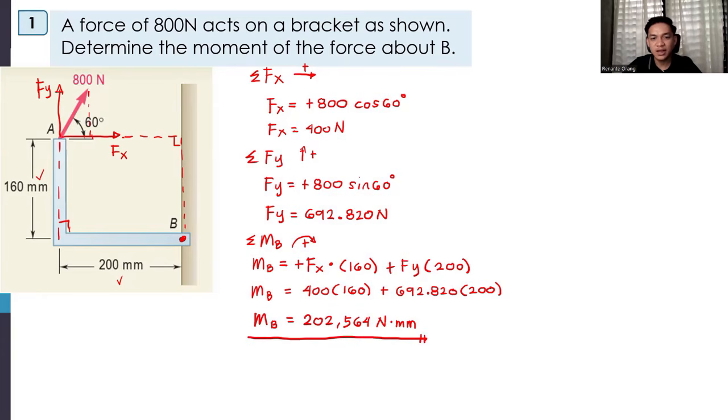But what if, class, wala to sa ating choices? Yung nasa choices natin is naka-kilonewton meter. So, i-convert lang natin, multiplied by, in every 1 kilonewton, we have 1,000 Newton. In every 1 meter, we have 1,000 millimeters.